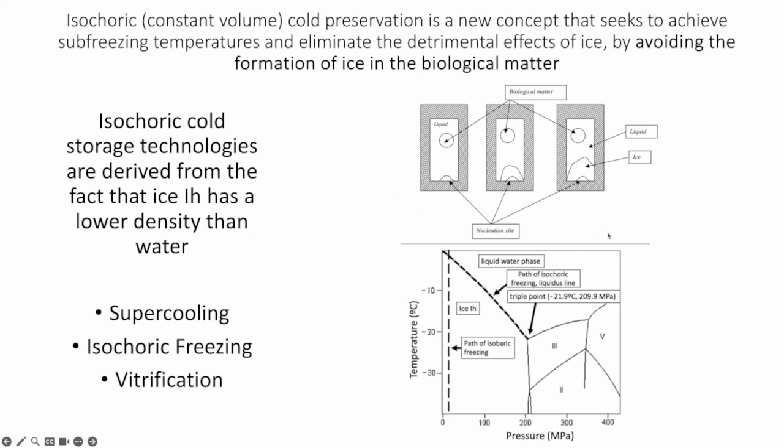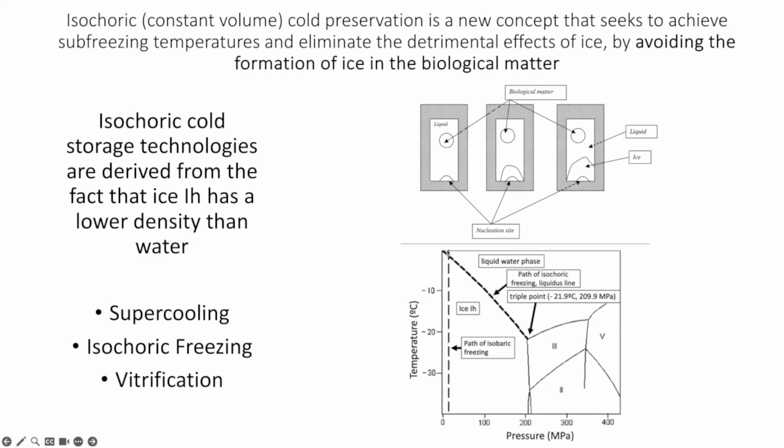Okay, we're trying to minimize air actually in that system. So we have three different technologies for isochoric preservation. One is supercooling, the other one is isochoric freezing, and the third one is isochoric vitrification. And I will describe to you what we're doing and why it may work better. So in isobaric freezing, you lower the temperature and all the water forms ice.